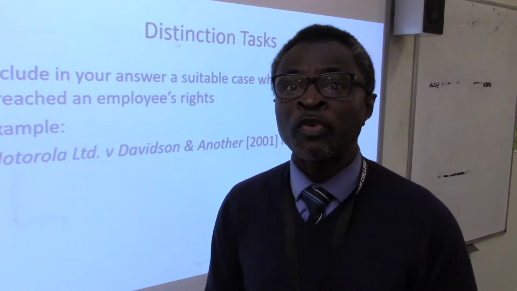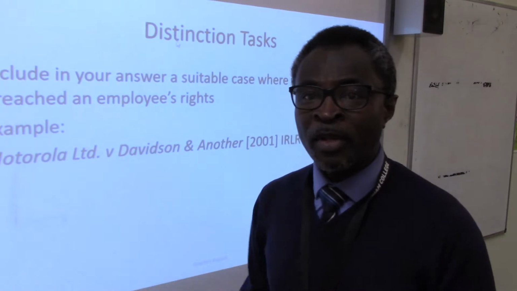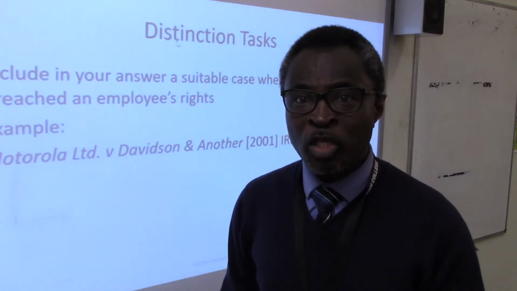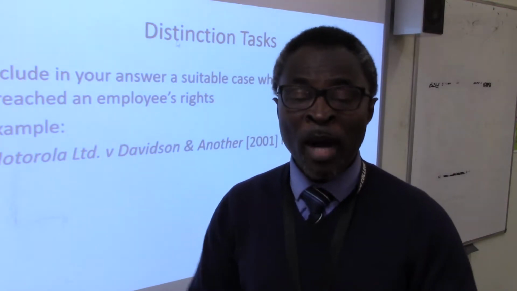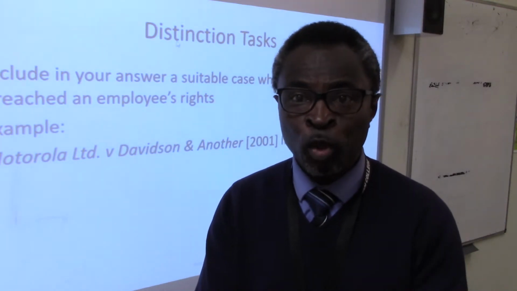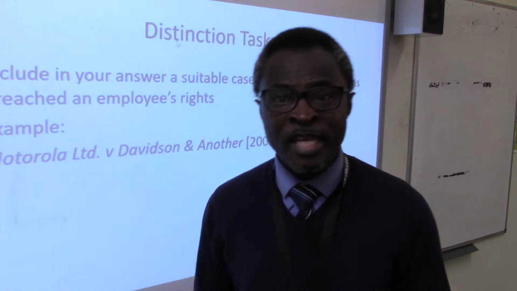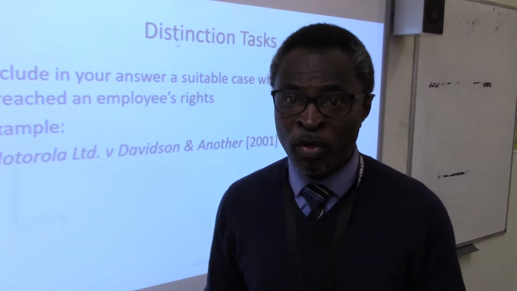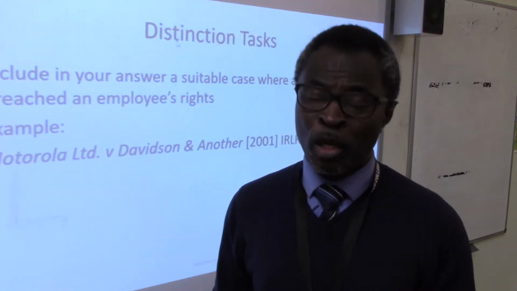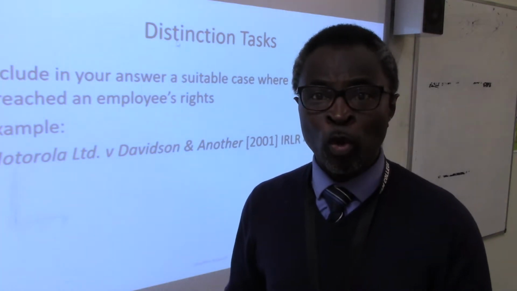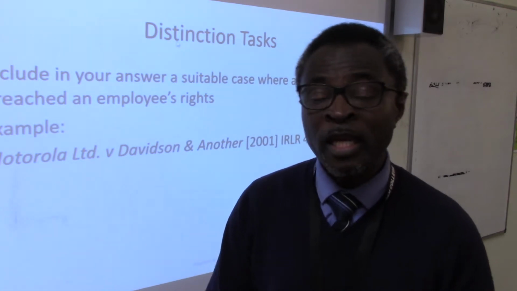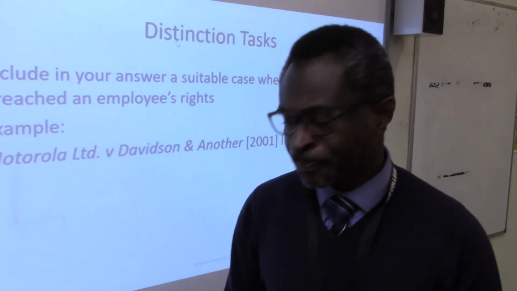Otherwise, you could be sued for unfair dismissal, which happened in Motorola and Davidson. So one, think about an implied duty owed by the employer to the employee, and then because it's a distinction task, you need to make your answer robust and complete by adding a case where the employer has broken their duty towards their employee.